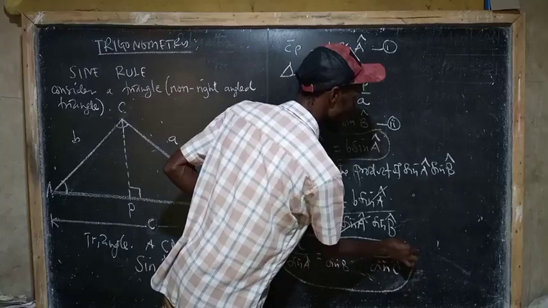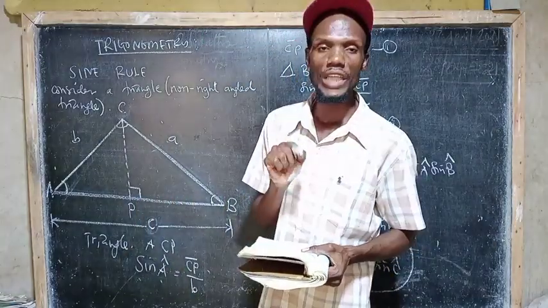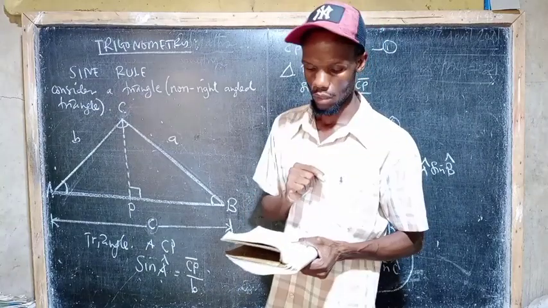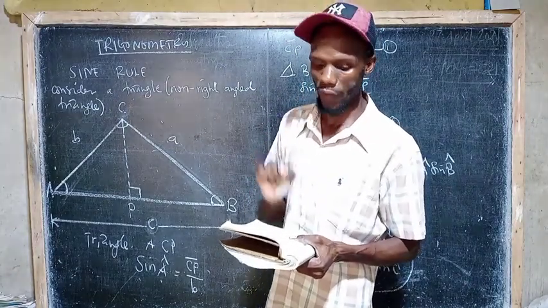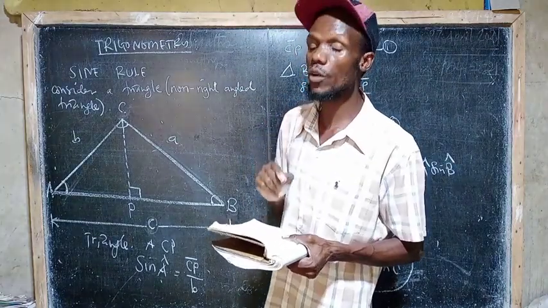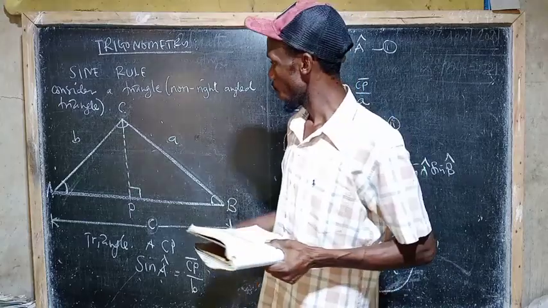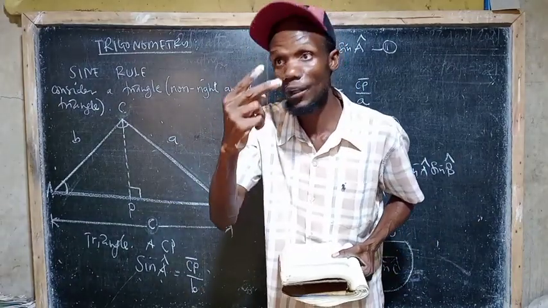Sasa how is this sine rule applicable? These are the conditions on which we can apply this sine rule. The sine rule may be used in a triangle when one side and at least two angles are known.